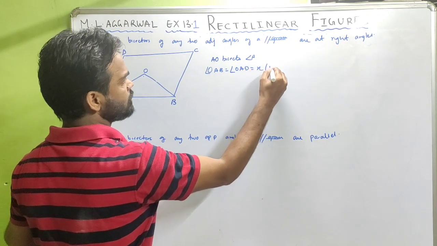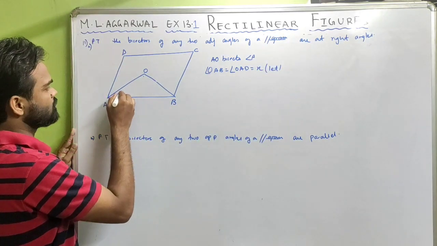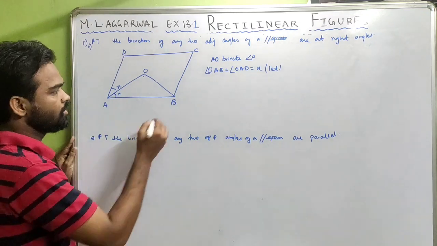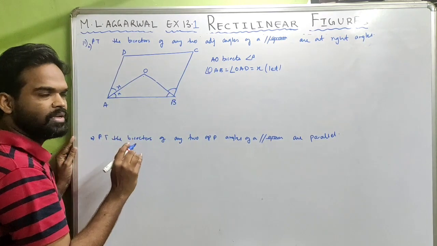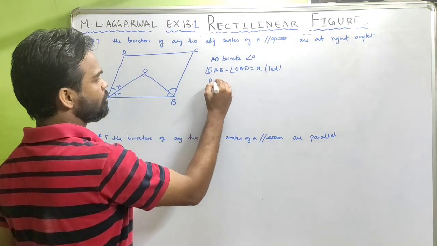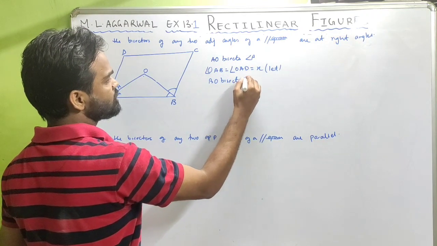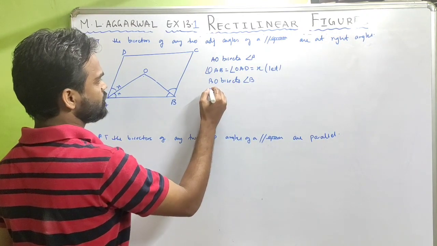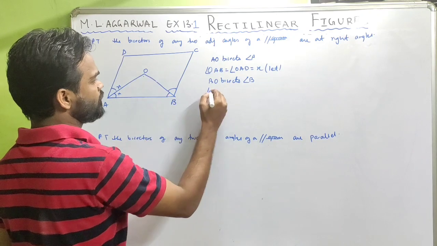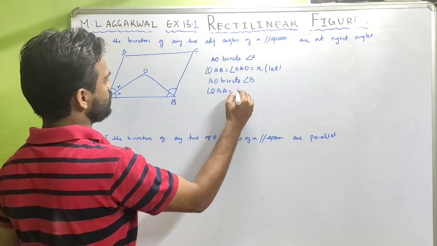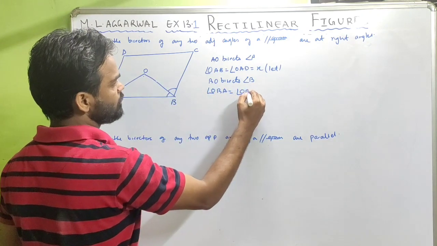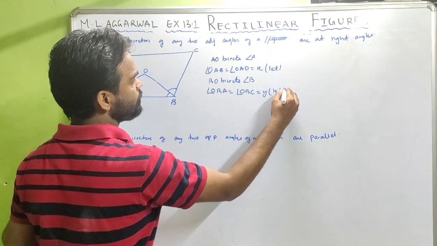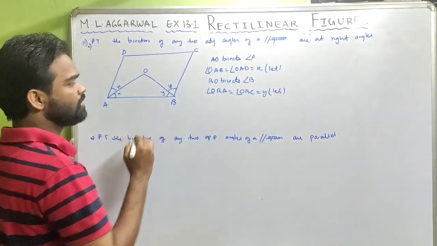Suppose this is X. So this is X, this is X. Similarly, these two angles will be equal because BO is a bisector. BO bisects angle B, which means angle OBA is equal to angle OBC is equal to Y. Suppose. So this is Y, this is Y.